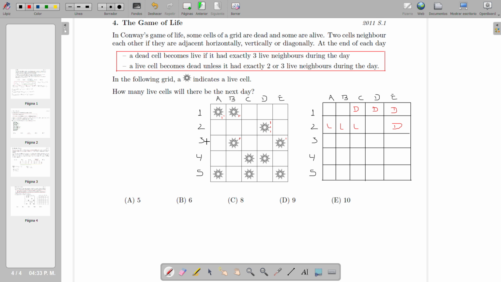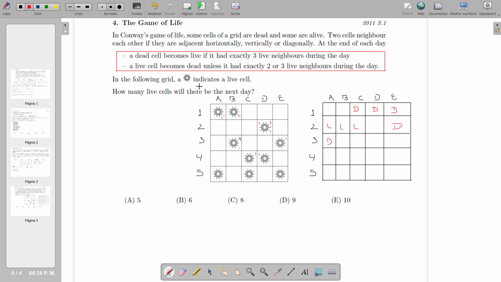Let's move to cell A3, which has just one neighbor. So this cell will be dead. Cell C3 has 1, 2, 3, and 4 live neighbors.